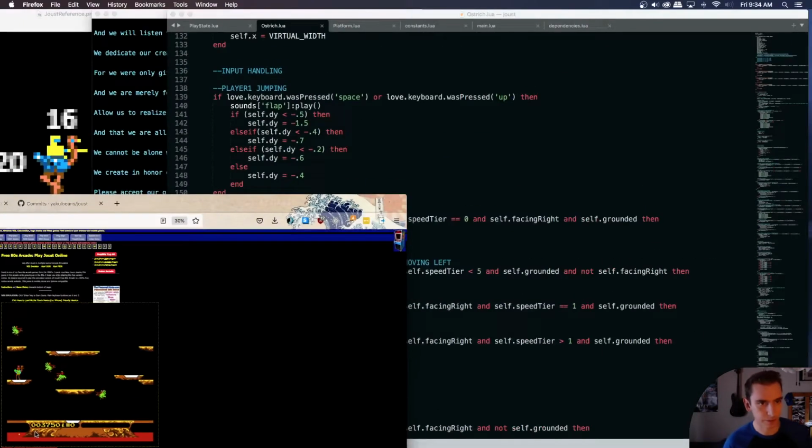So I think they are doing something like I'm alluding to, which is if the key is down, you ramp up your speed. It's not tap once, speedTier 1, tap twice, speedTier 2. It's really more of a spectrum than that, which is really interesting.